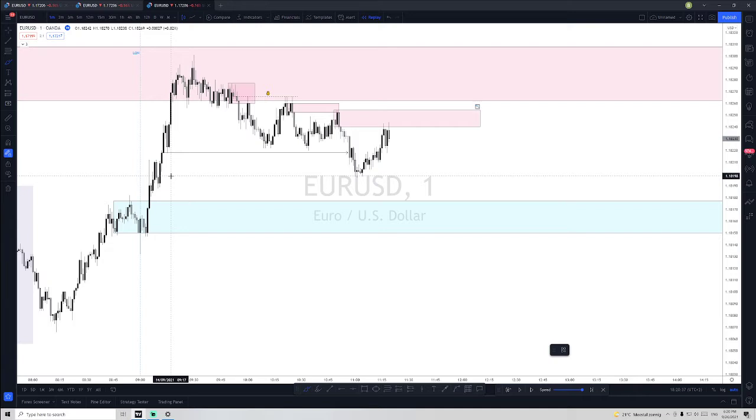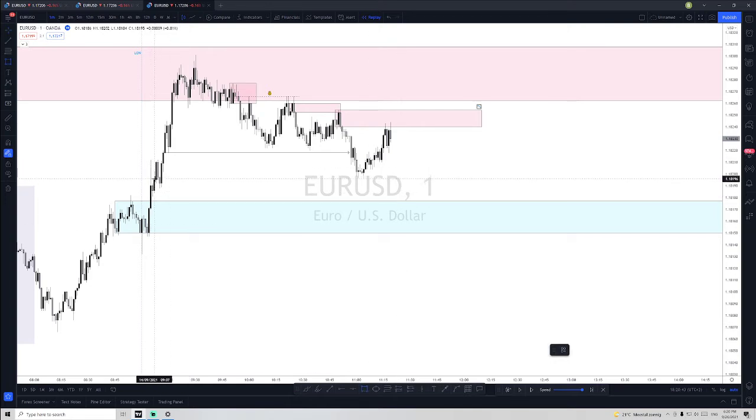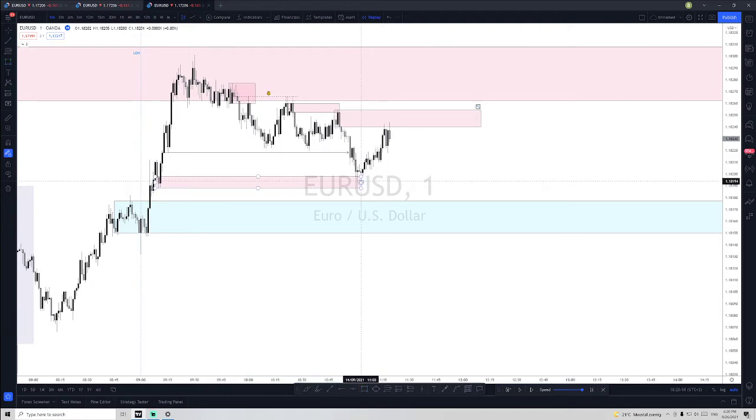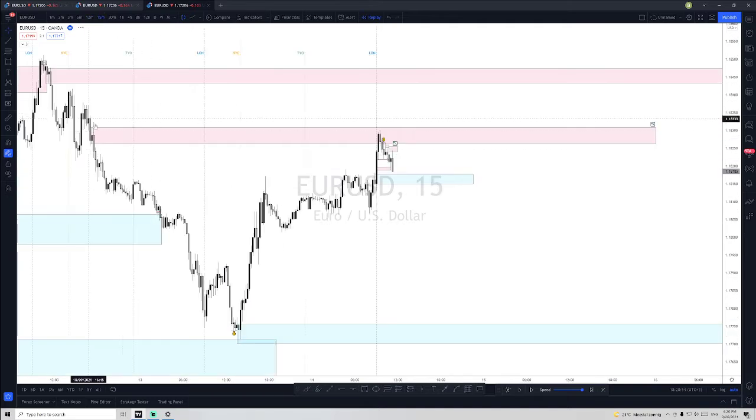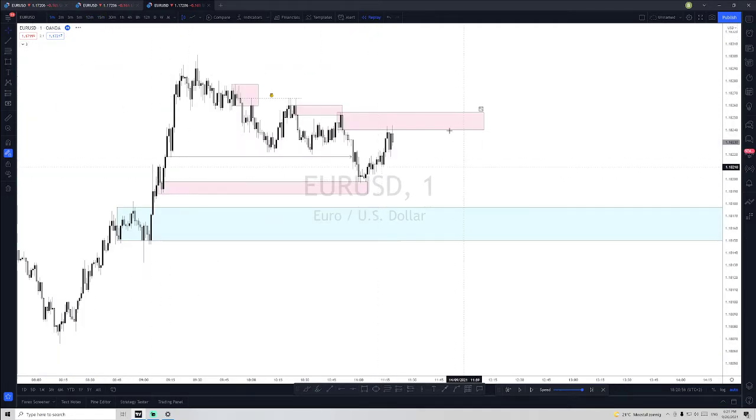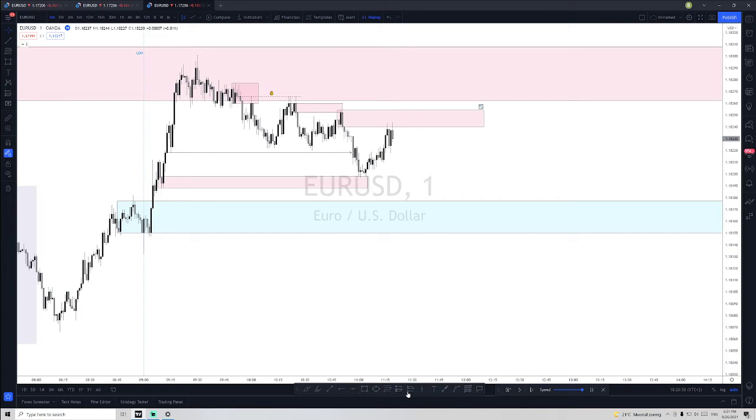We did, however, come into this area of demand, which did create a reaction. But again, for me, setup looks clean. We have a higher time frame, 15-minute area where we reacted off. So I'm gonna take this up, right?